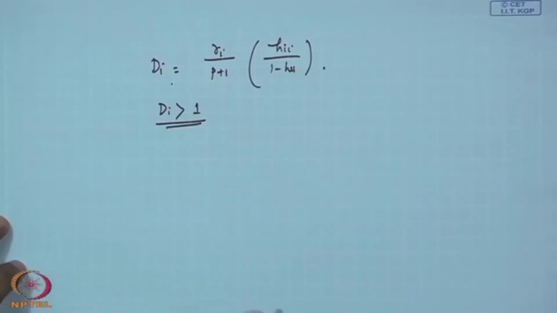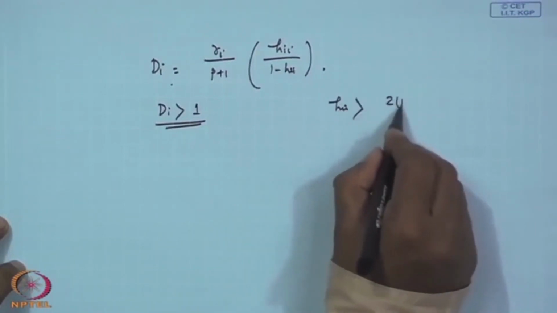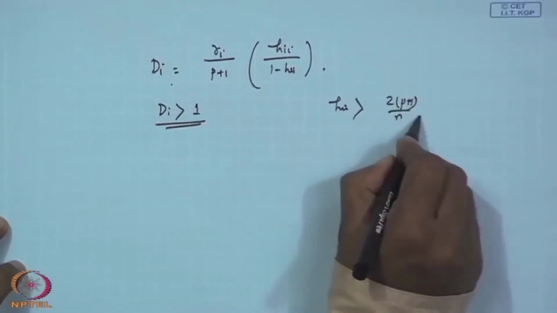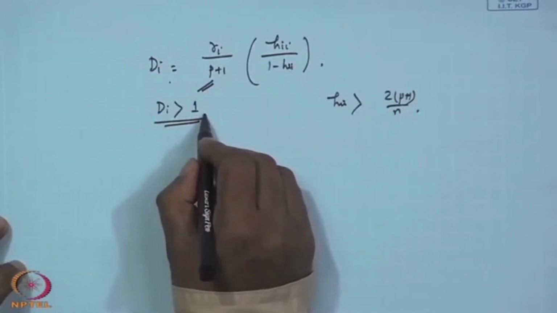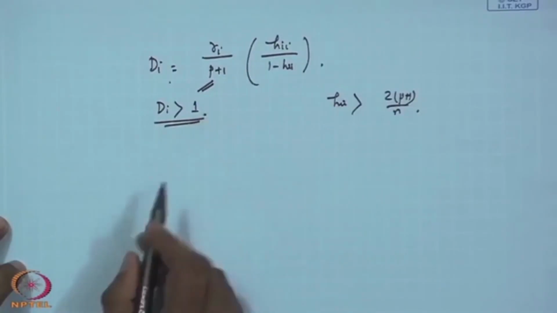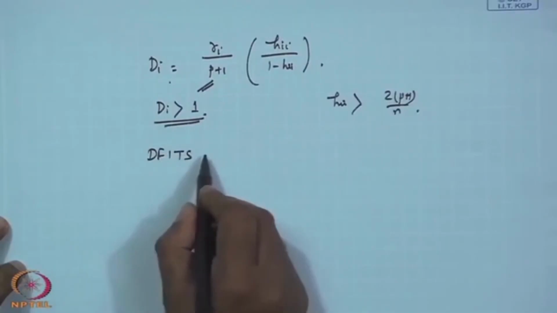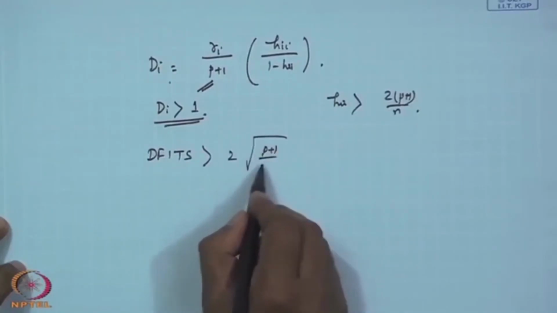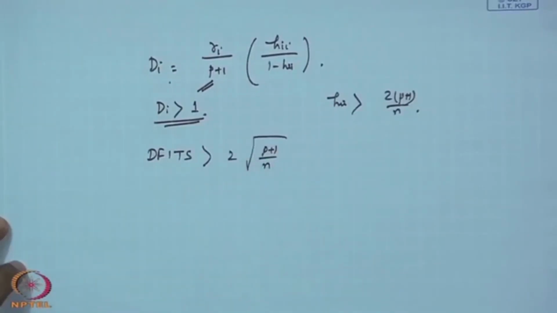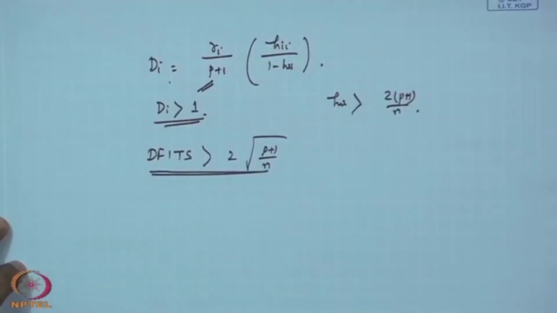So first I say hii greater than 2(p plus 1) by n is influential, and Di greater than 1 is influential. There is also the DFFITS value. Its cutoff is 2 into root of (p plus 1) by n, and if it is greater than that, it also denotes influential observations.